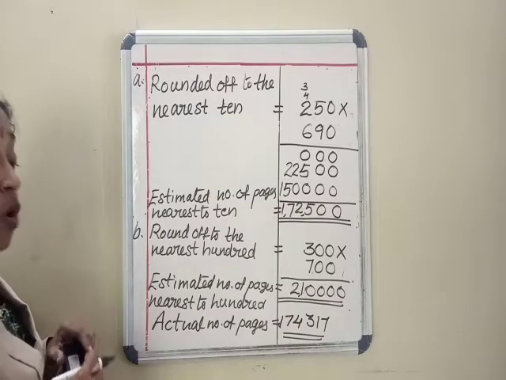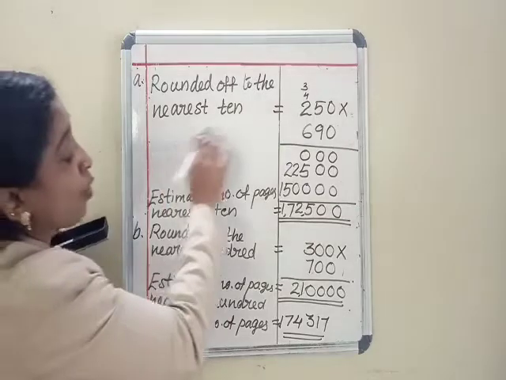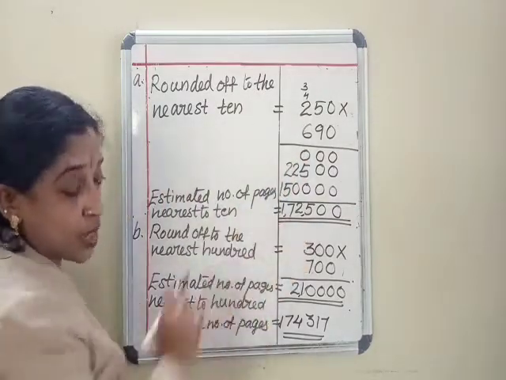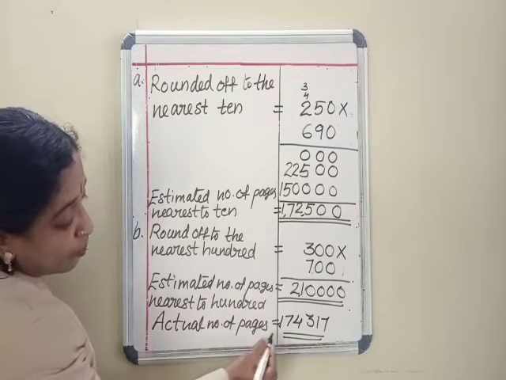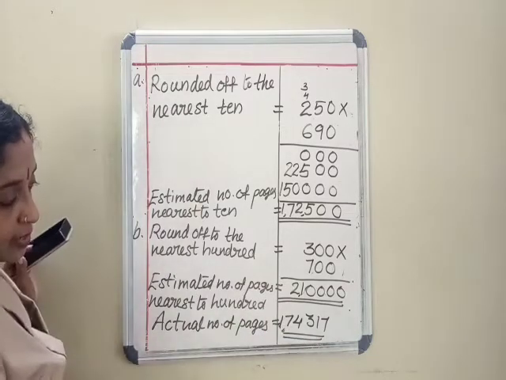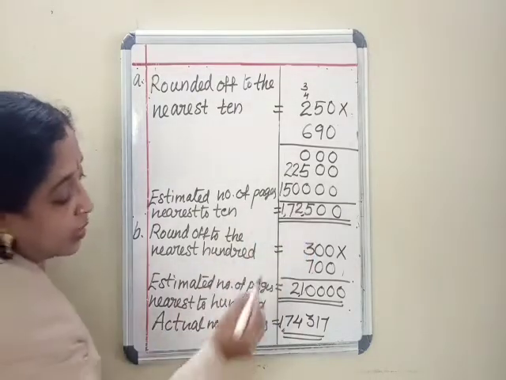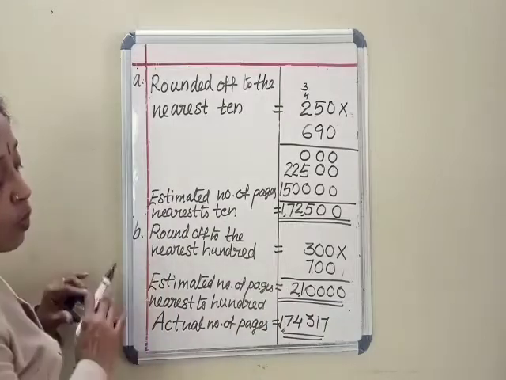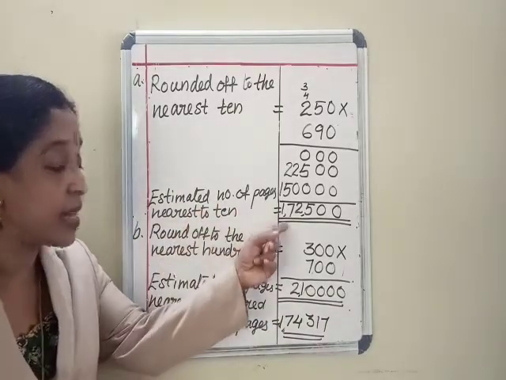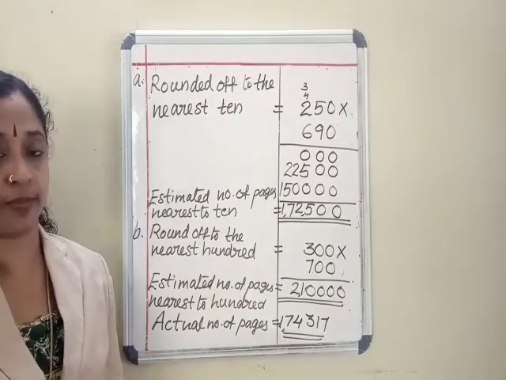Then look, what is close to this actual number of pages, rounded off to the nearest 10 or rounded off to the nearest 100? Actual number of pages is 1,74,317. This is 1,72,500. This is 2 lakhs. Then which is close to this one? Yes. The estimated number of pages nearest to 10 is close to the actual number of pages.